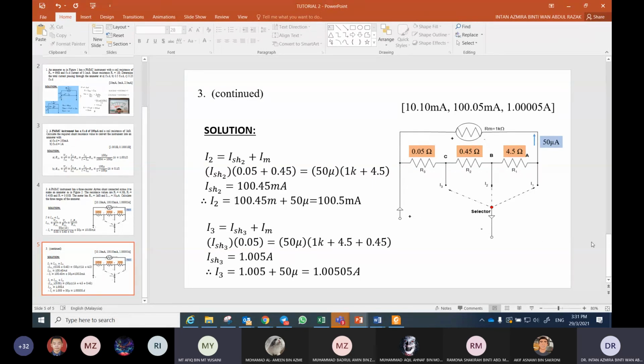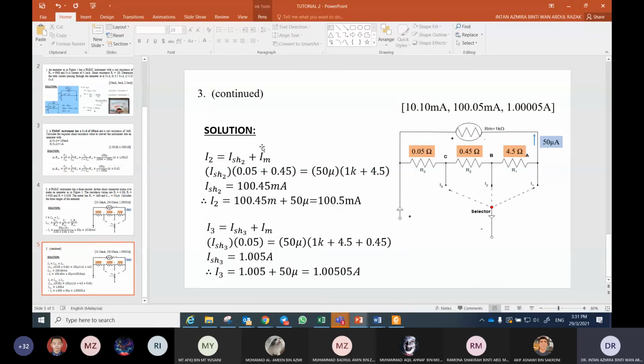This one. The 50 micro, we multiply with 1K plus 4.5, right? Why must we add 1K? Because RM must be included for each calculation.